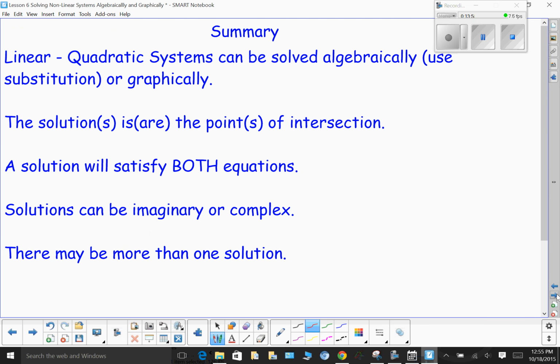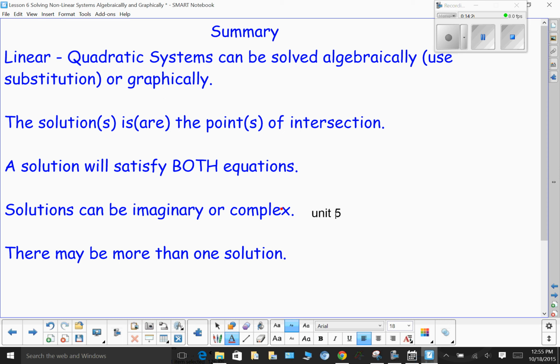Linear quadratic systems can be solved algebraically using substitution or graphically. The solution or solutions is or are the point or points of intersection. A solution will satisfy both equations. Solutions can be imaginary or complex, and we're going to get to those in Unit 5.